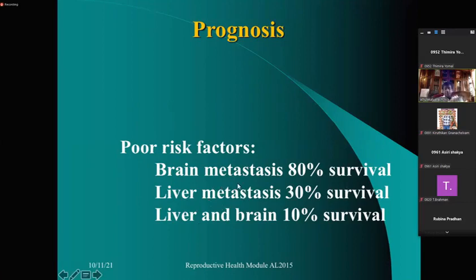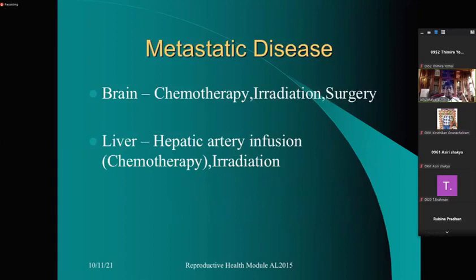So if you see these patients, you must treat them aggressively and start chemotherapy early, without just waiting until your HCG keeps on increasing, and the prognosis will be poor. This is what I told you earlier. Sometimes for metastatic disease, you might need to locally excise the lesion because they may not respond to chemotherapy.